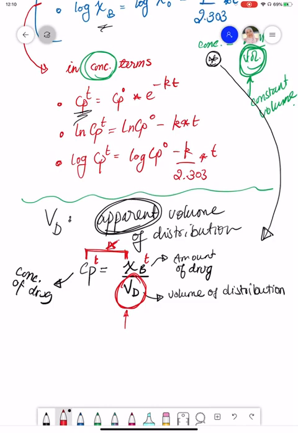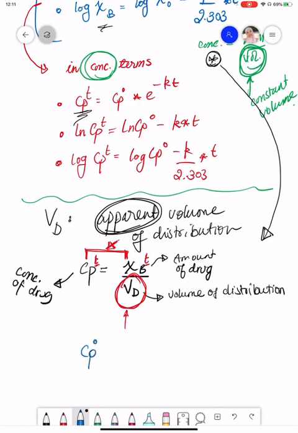Again, this is true at a certain time, which means that if we are talking about the initial amount in the body, we need to use the initial concentration.